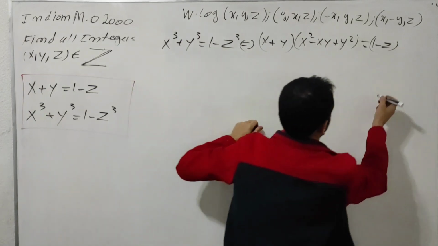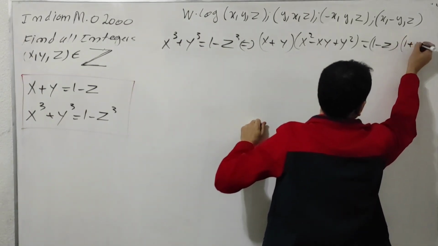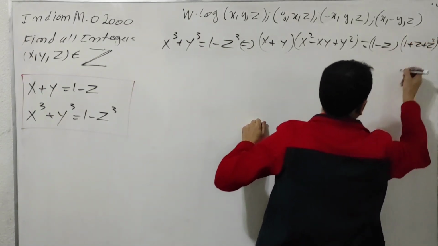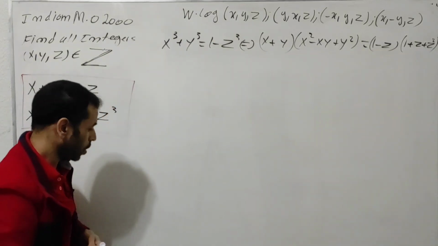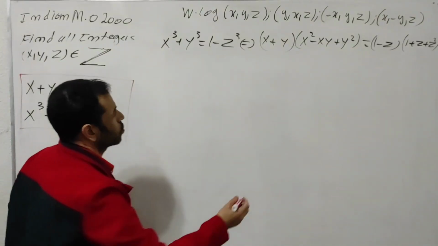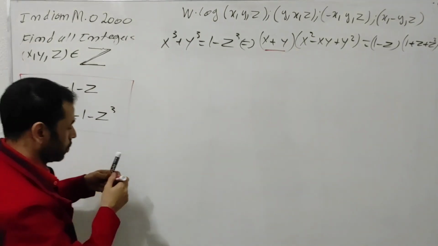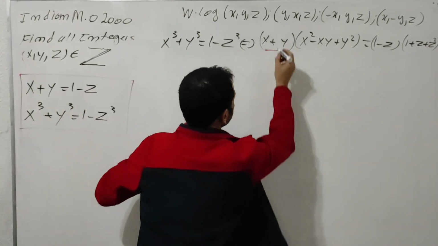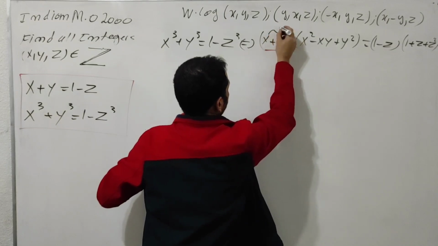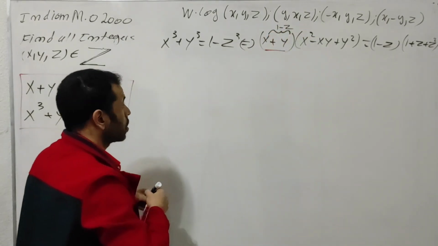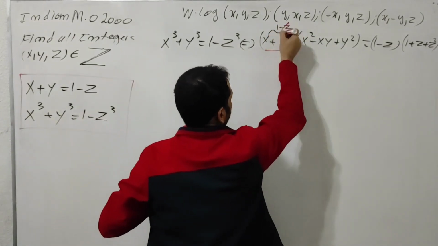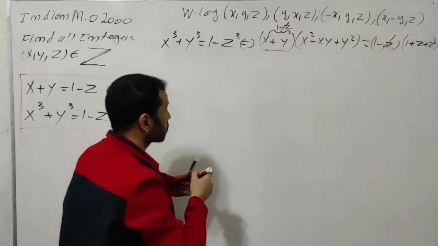This gives me 1 minus z times 1 plus z plus z squared. Now the term x plus y will be replaced with 1 minus z, so we'll have 1 minus z here. Then I'm going to cancel out 1 minus z from both sides.